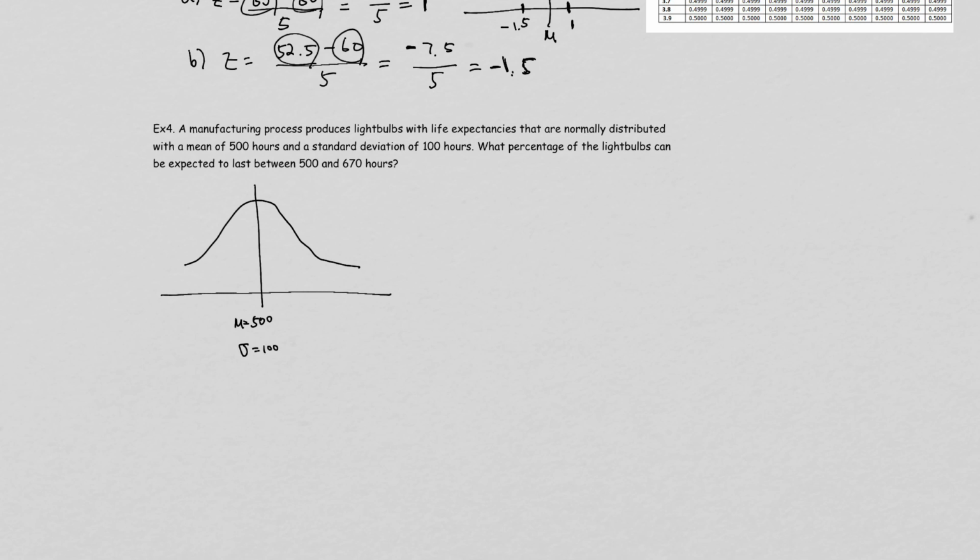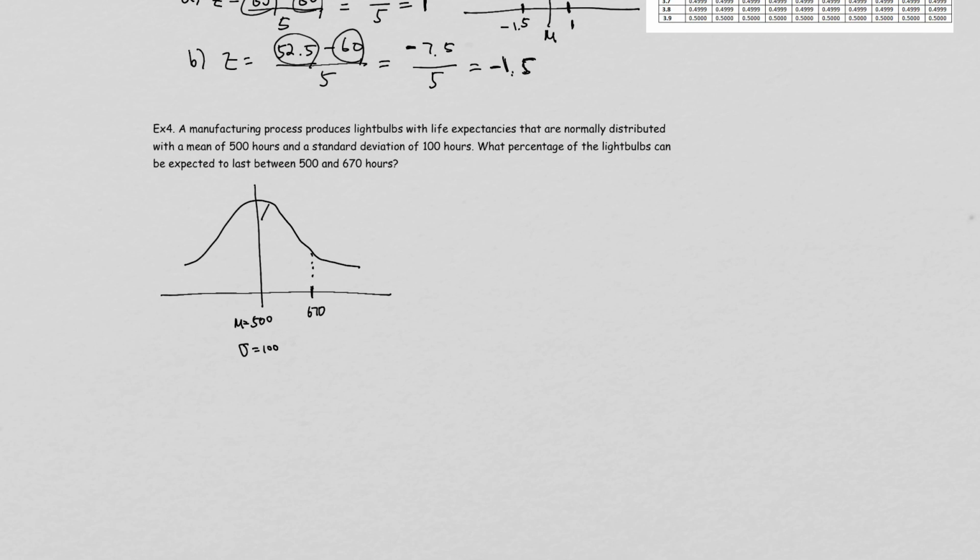They want to know the percentage between 500 and 670. In order to find the percentage, we want to find the probability first.